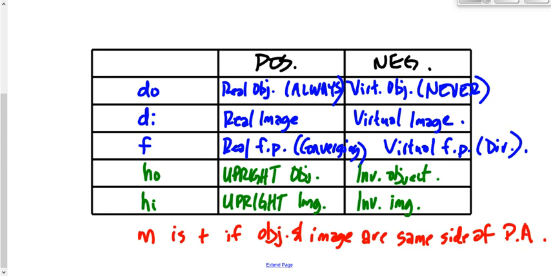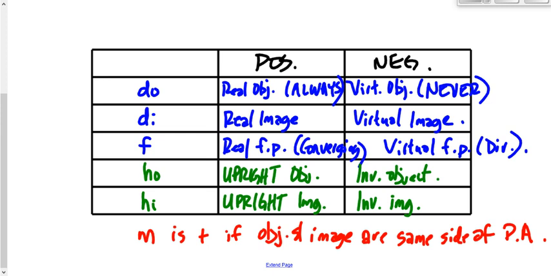What do I mean by that? If they're both upright, then M is positive. If they're both upside down, then M is positive. Does that make sense? If they're both the same way, the magnification is positive. If one is upright and the other is upside down, then the magnification is negative.